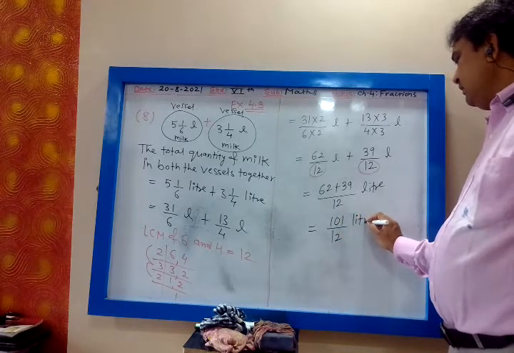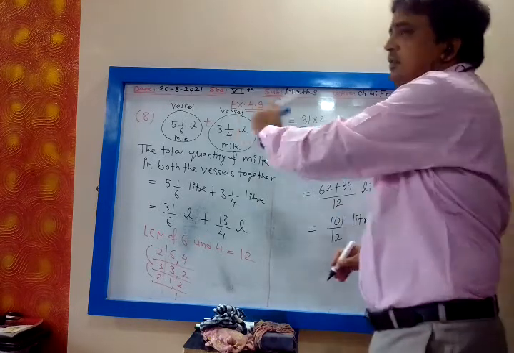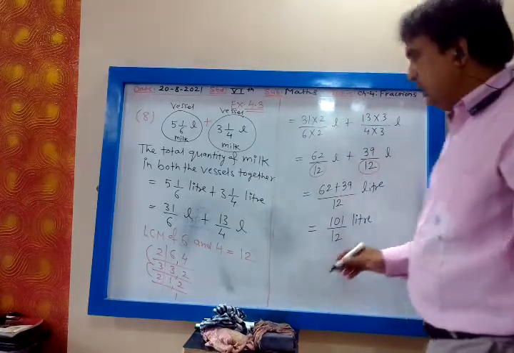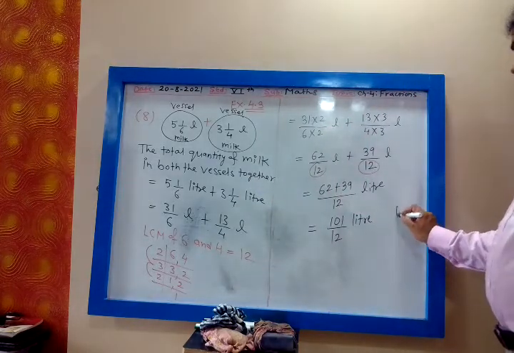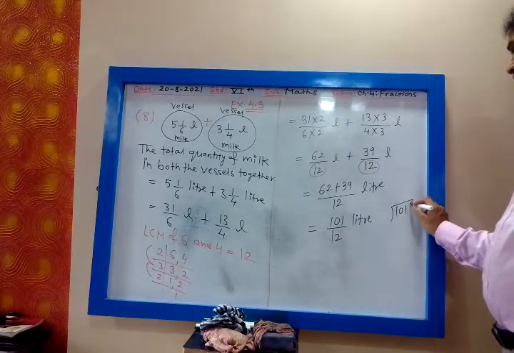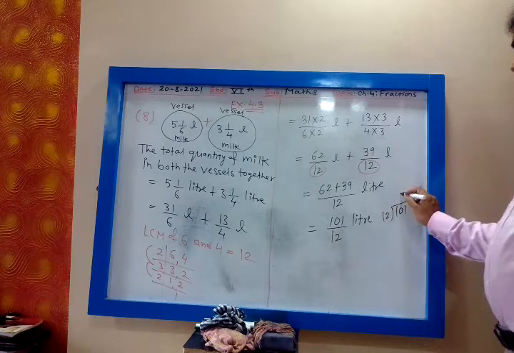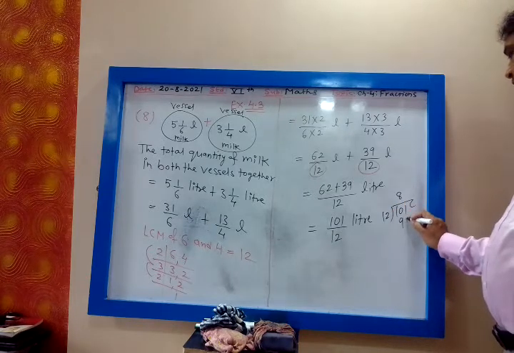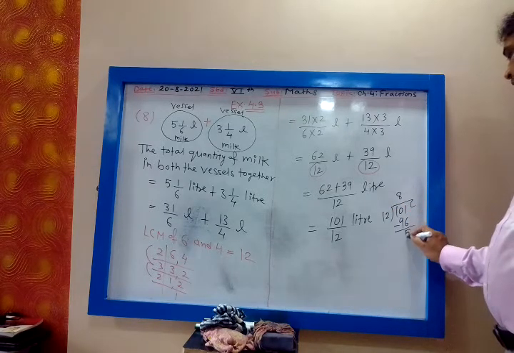But see here, in the question it is given as a mixed fraction, so you have to convert this into a mixed fraction. So divide 101 by 12. 12 8s are 96, then the remainder is 5.